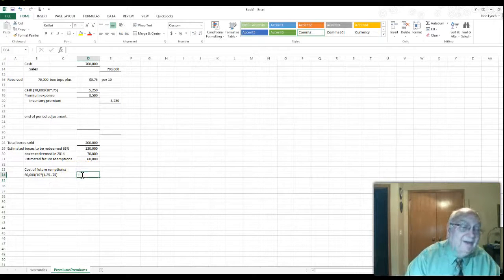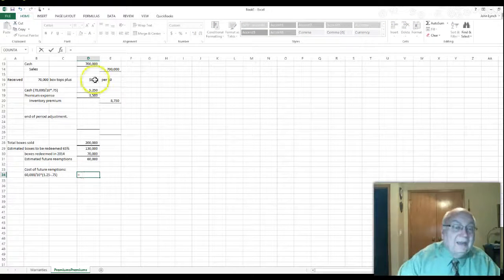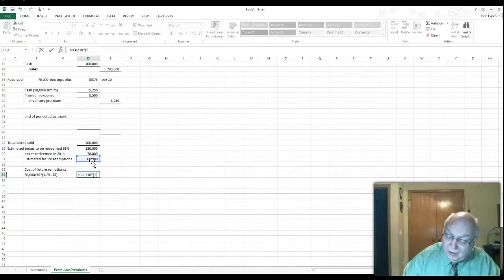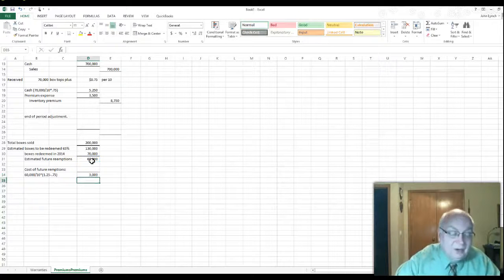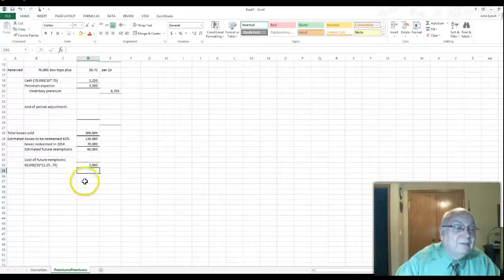That's what would go in here. So we have the 60,000 that we expect to come in yet, divided by 10, times what our net cost is. Now the bear's cost is $1.25, but they're going to pay us 75 cents for it. So it's actually 50 cents, or $3,000.